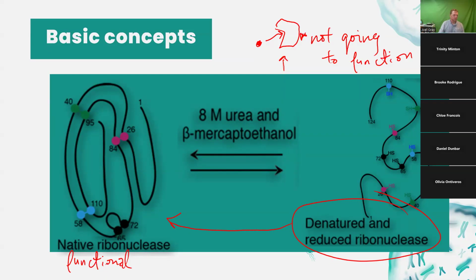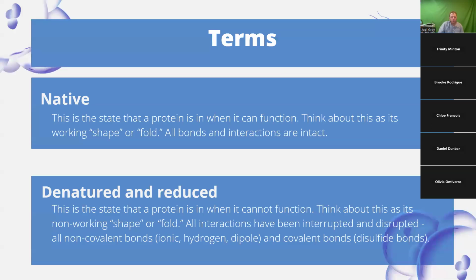Okay. So we are going to proceed from here. Important terms, I've kind of gone over these, so there's a little bit of a review. A native protein structure is the state that a protein is in when it can function. Think about this as its working shape or fold.